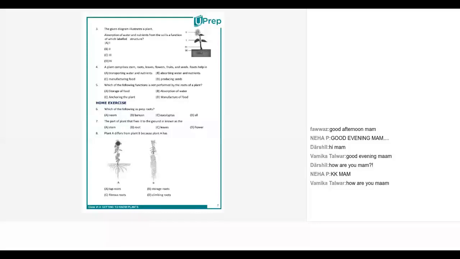Ma'am, for the sixth one, has something changed in the question? Which of the following has prop roots? It's not like that. I didn't get your point. Ma'am, you said 'following as prop roots', not 'such as prop roots', right?